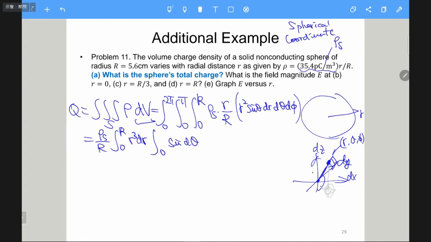Let me draw it in a better way. So this angle, if we try to project it to the xy plane this way, this angle will be phi, and the angle from the z-axis to this one will be theta.